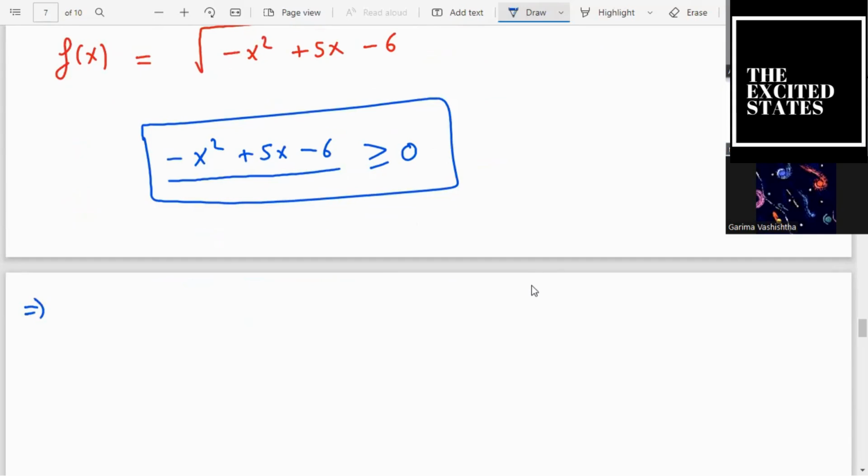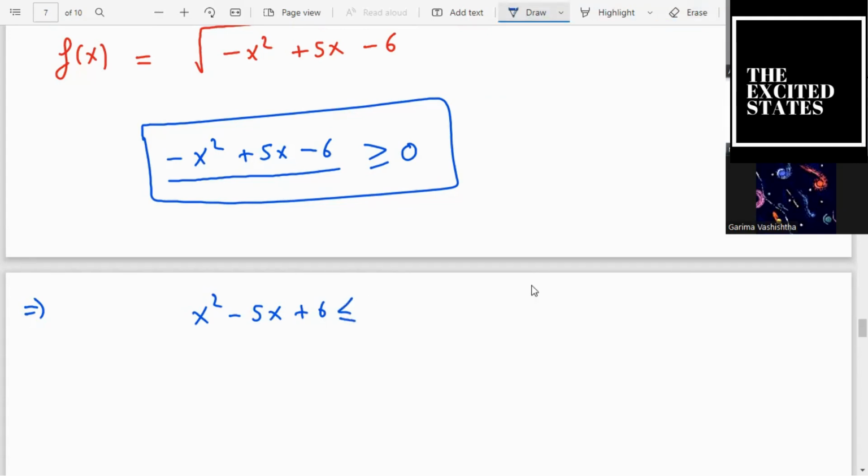So it is provided minus x square plus 5x minus 6 is greater than or equal to 0. The one rule is that I will multiply both sides of the inequality with a minus sign. If I multiply with a negative number, the sign of the inequality will be changed. That means x square minus 5x plus 6 will be less than or equal to 0.